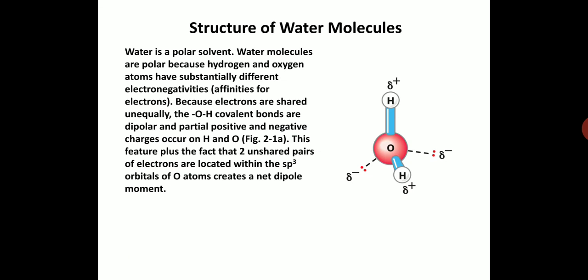Because electrons are shared unequally, the OH covalent bonds are dipolar and partial positive and negative charges occur on hydrogen and oxygen atoms, as we can see in the diagram on the right hand side. Here we can see the positive charge on hydrogen atoms and the negative charge on oxygen atom.